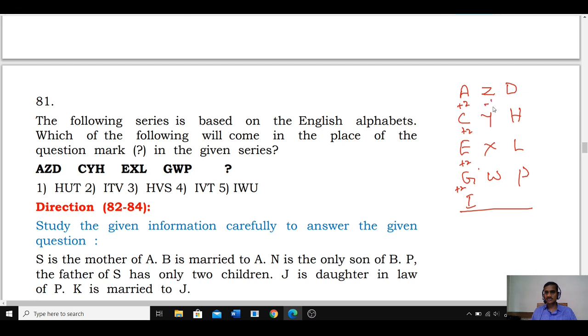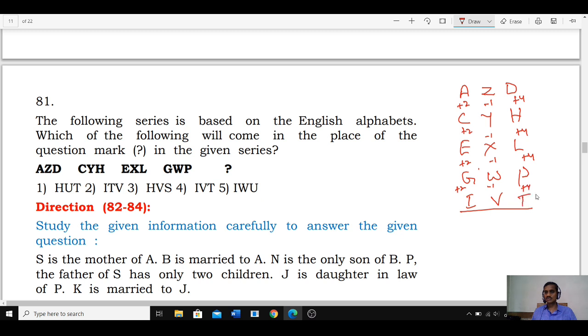Second one: Z minus 1 Y, minus 1 X, minus 1 W, minus 1 V. Third one: D and H plus 4, H plus 4 L, M and O, P plus 4 Q, R, S, T plus 4. I, V and T is given in choice 4. Here question number 81, it is choice 4: first letters plus 2, second letters minus 1, third letters plus 4.